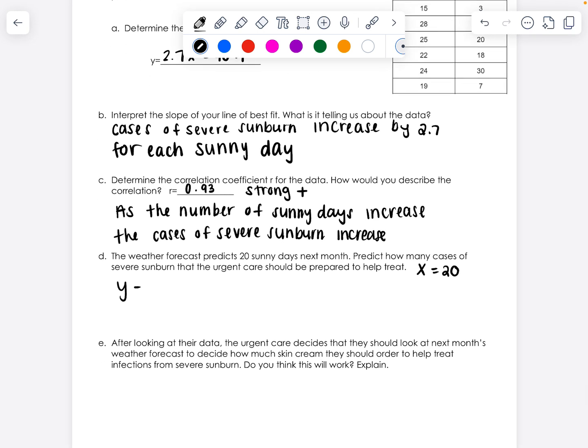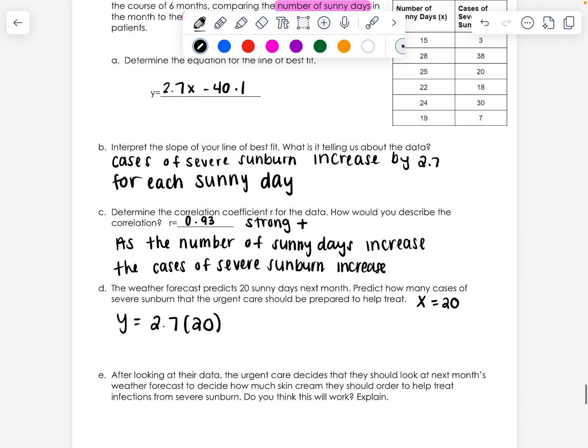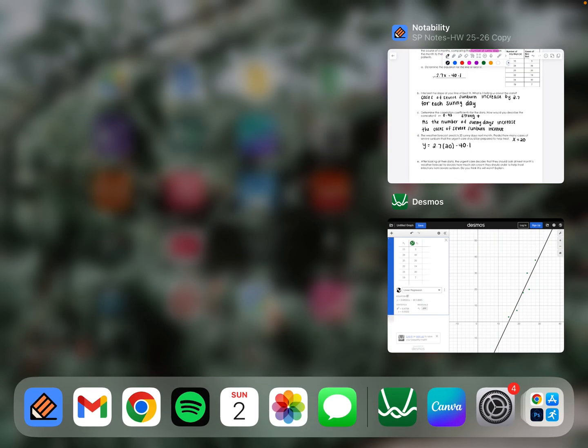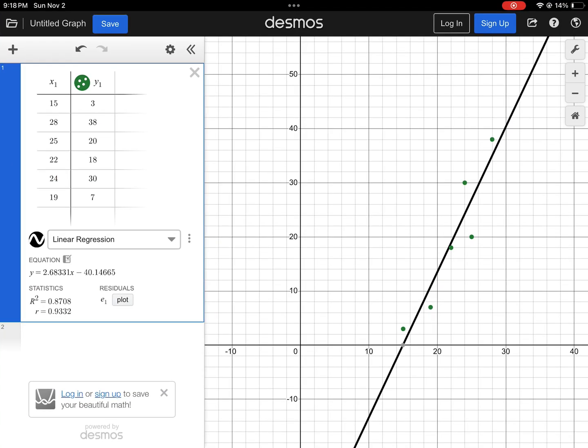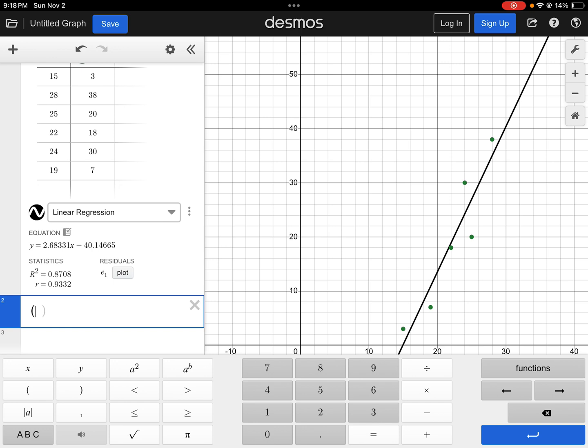So Y equals 2.7 times 20 minus 40.1. And I'm going to type that right into Desmos. So 2.7 times 20 minus 40.1 gives me 13.9.